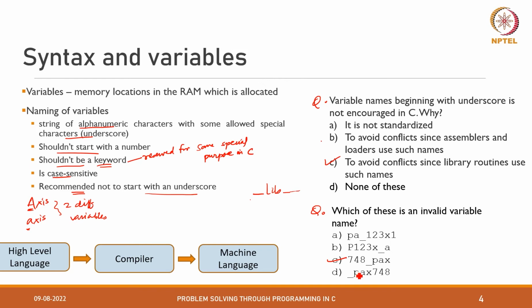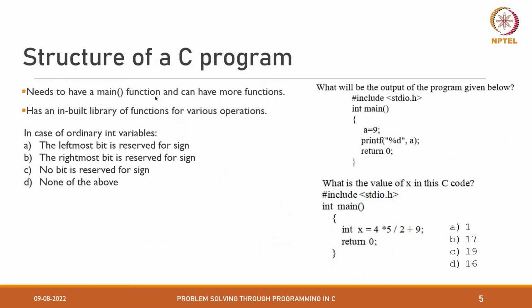Okay. Now we also saw the basic structure of a C program, how it needs to have a main function, and there can be other functions as well, and there are a lot of predefined functions in C. Keeping all those things in mind, let me write that down.